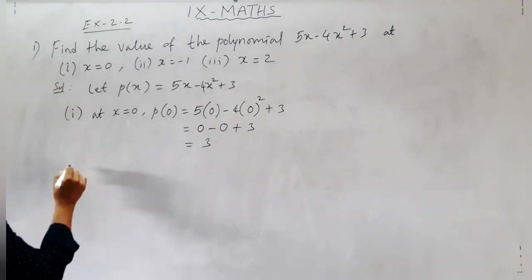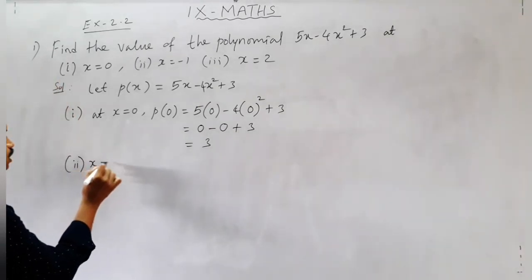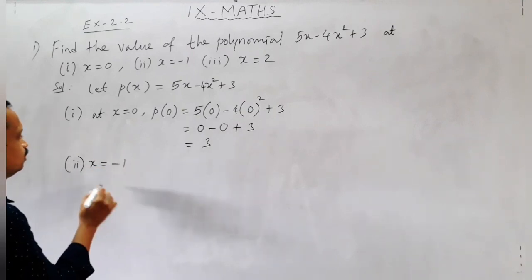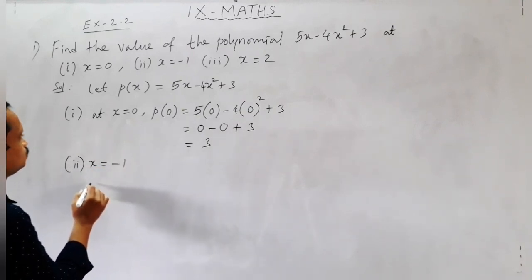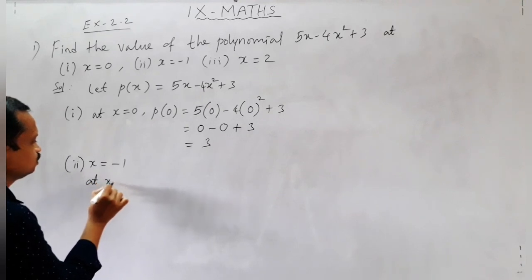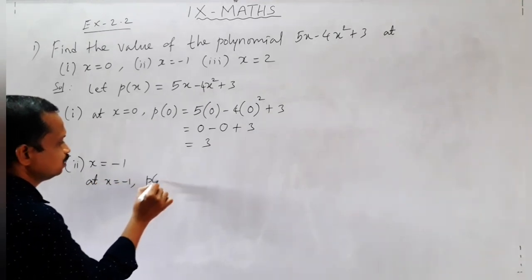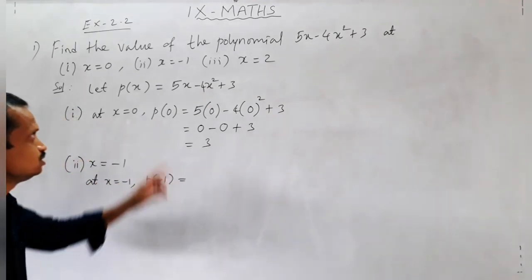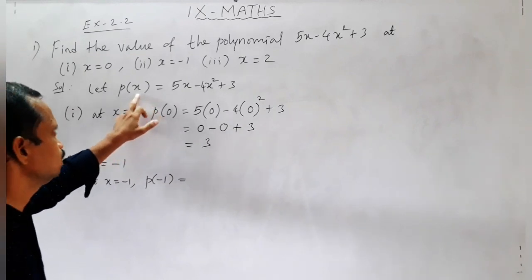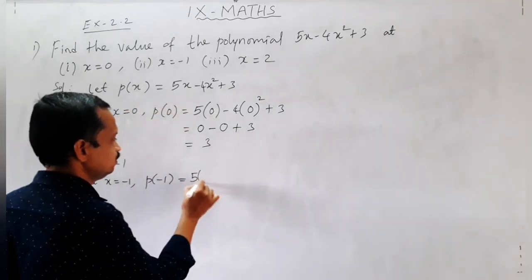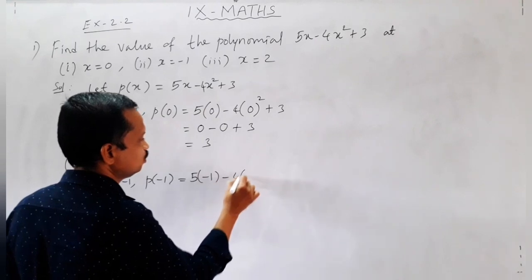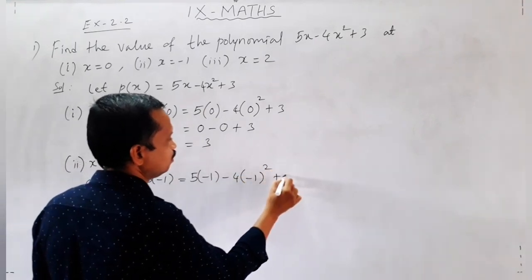So like that we have to find for option 2, x equal to minus 1. At x equal to minus 1, p of minus 1 is equal to 5 into minus 1 minus 4 into minus 1 whole square plus 3.